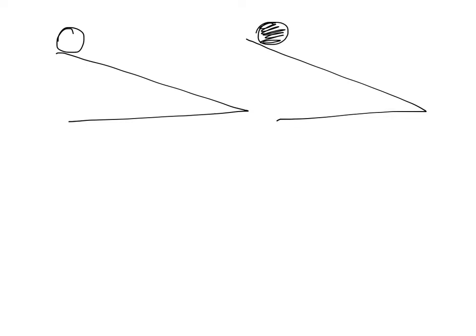We let them go, and as we let them go, they rolled down the incline, and the disc won. The disc got to the end because both of them had the same amount of gravitational potential energy, U sub G, because they have the same mass, and they were the same height, and they have the same radius.